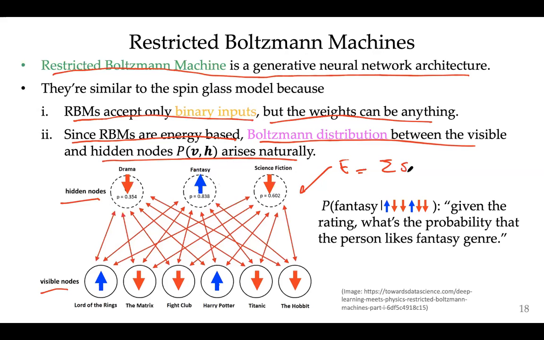So I'm going to use S. For the visible layer, we can use V_i. For the hidden layer, we can use H, let's say J. So there is this definition of energy in this model, and you try to minimize it, and also try to maximize the entropy, and that's why you end up with the Boltzmann distribution in this model.